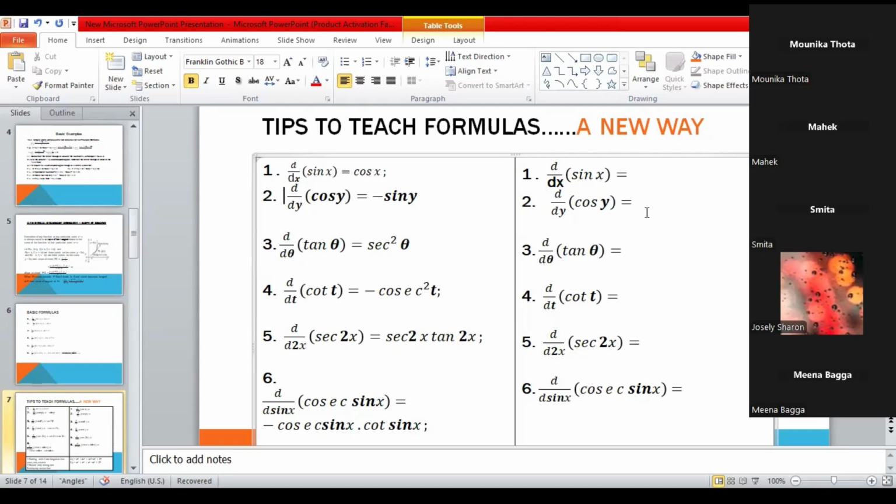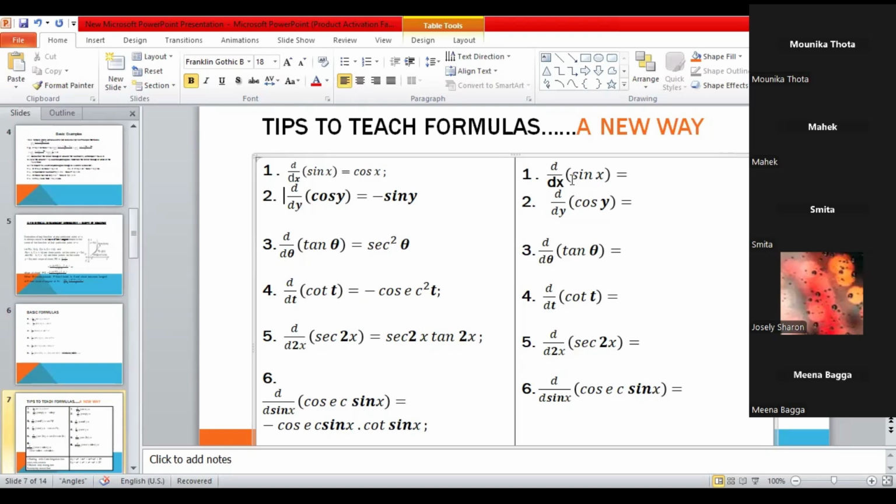The right hand, another column is here. This is an idea I want to convey to you: please give test papers like this, where only the left hand side is written and they have to write the right hand side by seeing the left hand side. In the same way, you can check their learning by giving only the right hand side and letting them write the left hand side.